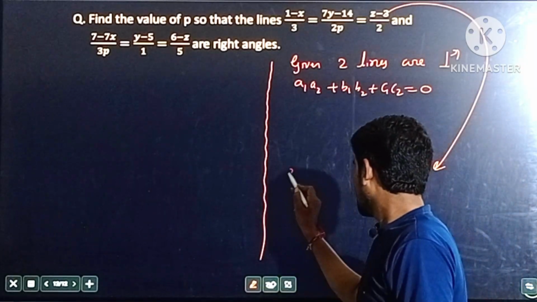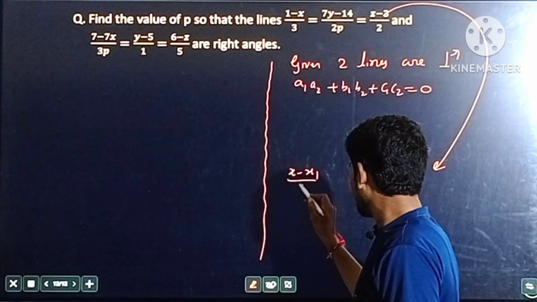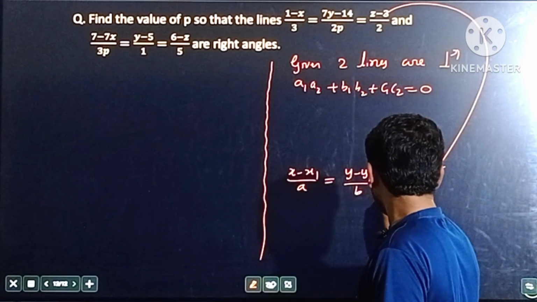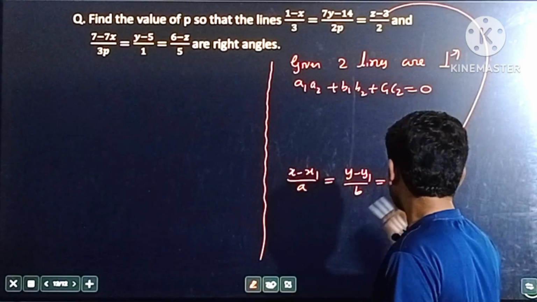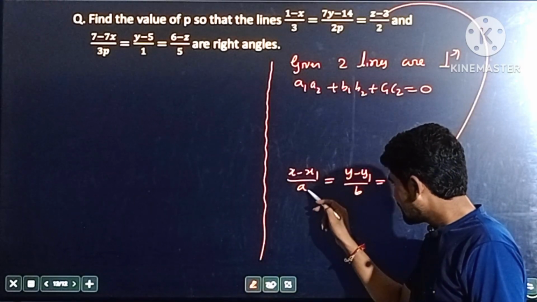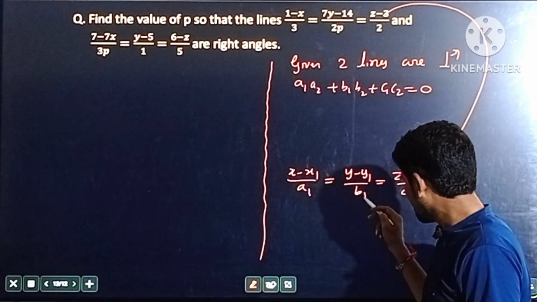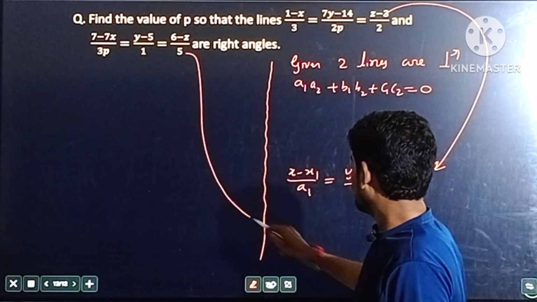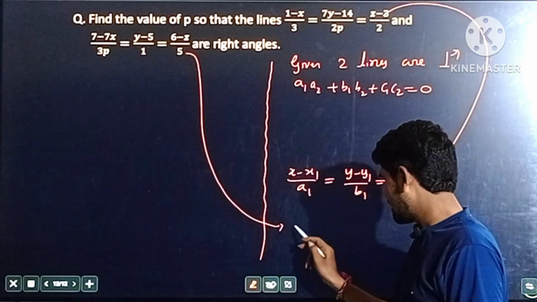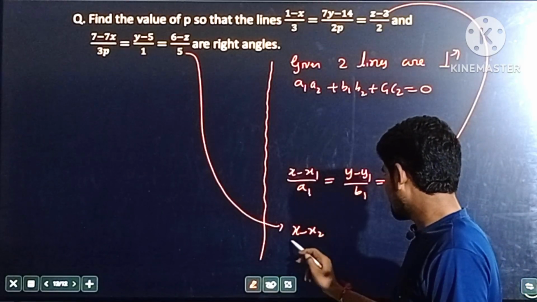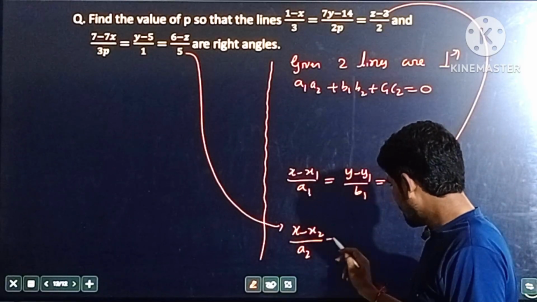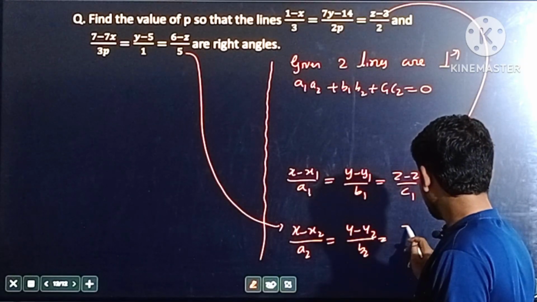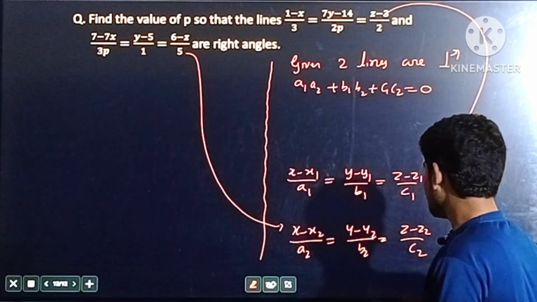That is, x minus x1 divided by a equal to y minus y1 divided by b equal to z minus z1 by c, where the direction ratios of the first line we considered as a1, b1, c1. And compare the second line with the standard equation of a line, that is, x minus x2 divided by a2, y minus y2 divided by b2 and z minus z2 divided by c2.